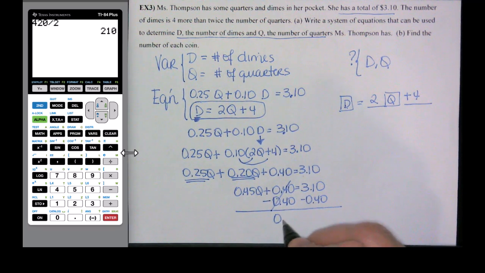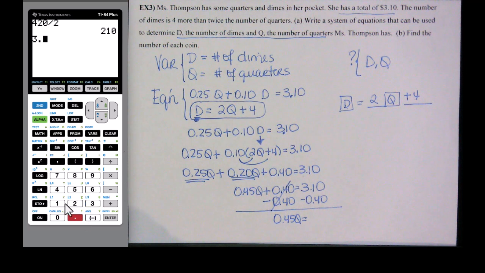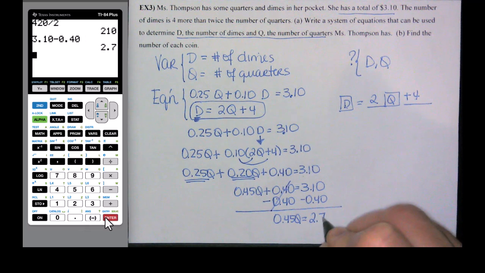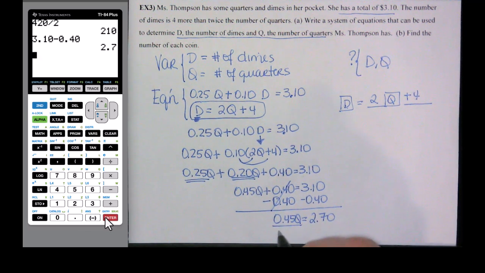Cancel that. So we get 0.45 q equals, now let's see here, 3.10 minus 0.40, and we get 270. Now we divide both sides by 0.45.